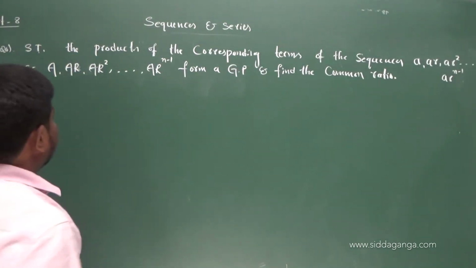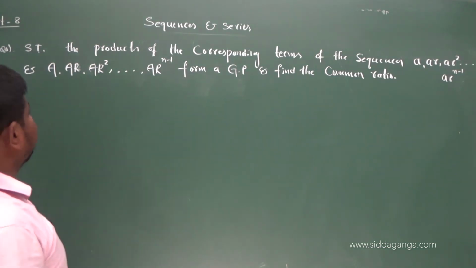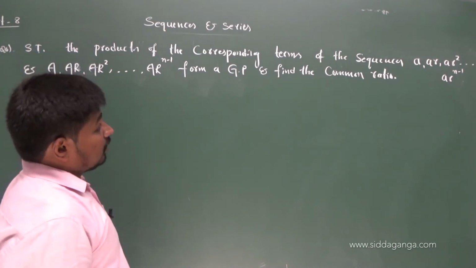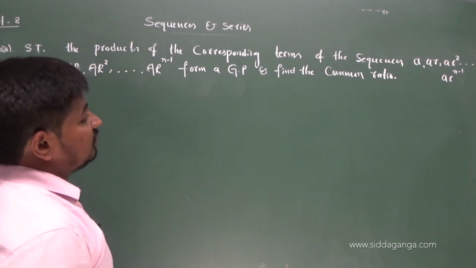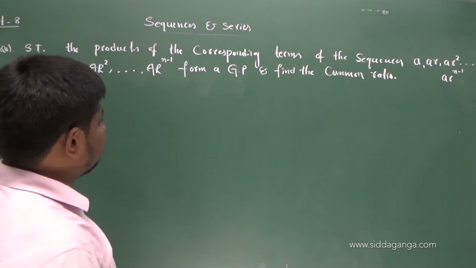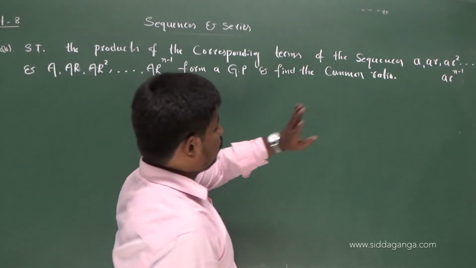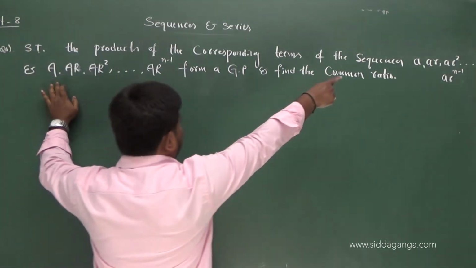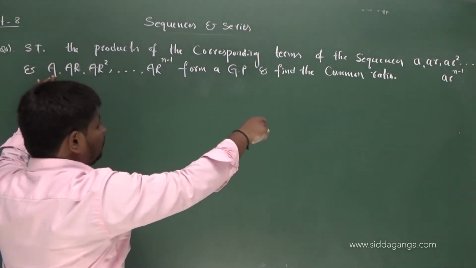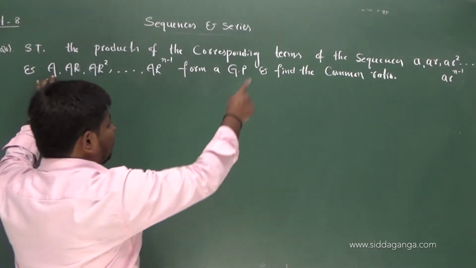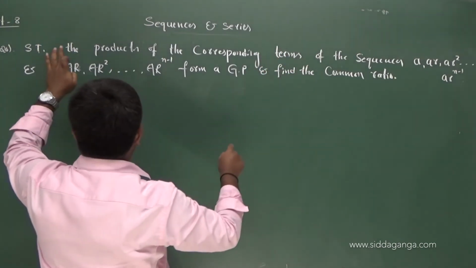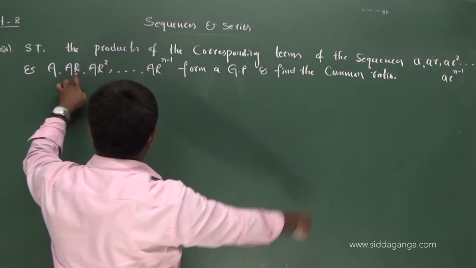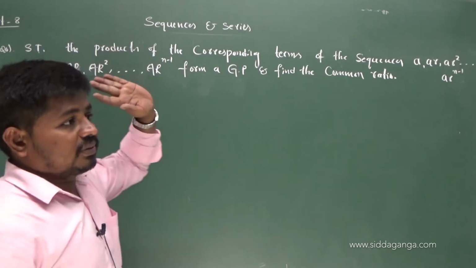The question is we have to show that the products of the corresponding terms, same as before. Two sequences we have. You have to find first the products of the corresponding terms: first term of that sequence into first term of this sequence, second term into second term, and third term into third term, right?